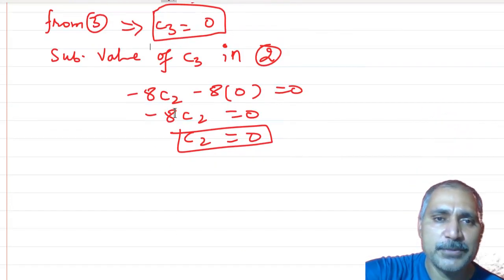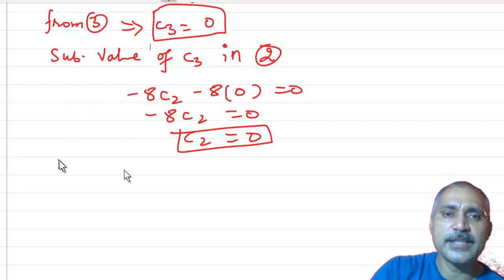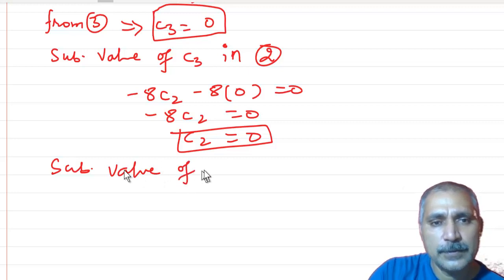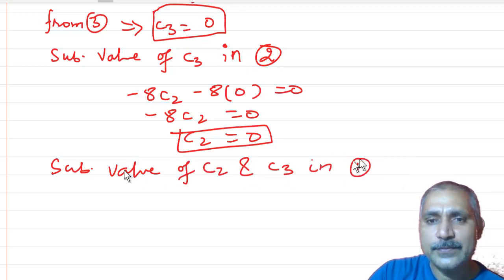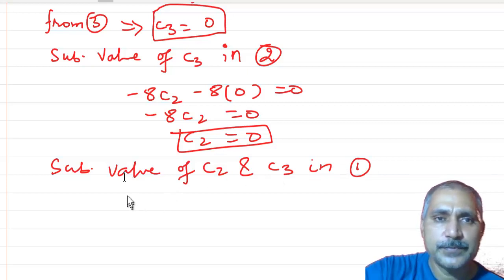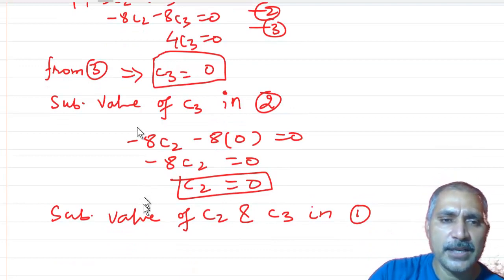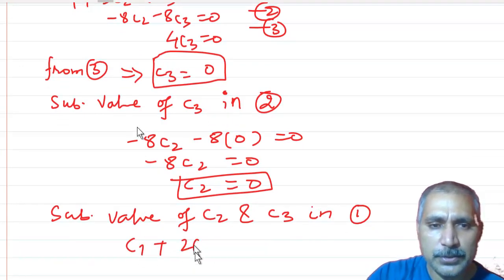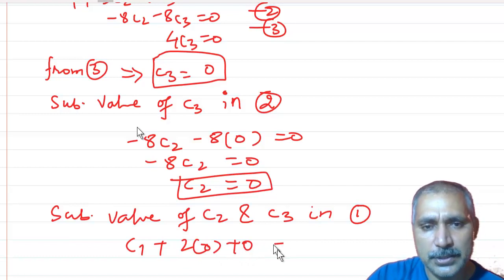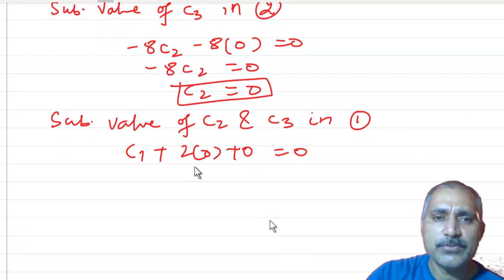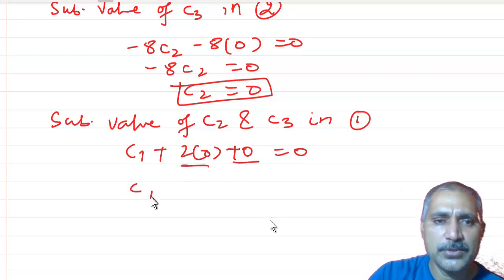Now we will be substituting the values of C2 and C3 in 1. So the equation is C1 plus 3C2 plus C3, that is C1 plus 3 into 0 plus 0 is equal to 0. See, these two terms will become 0, so C1 plus 0 plus 0 is equal to 0.